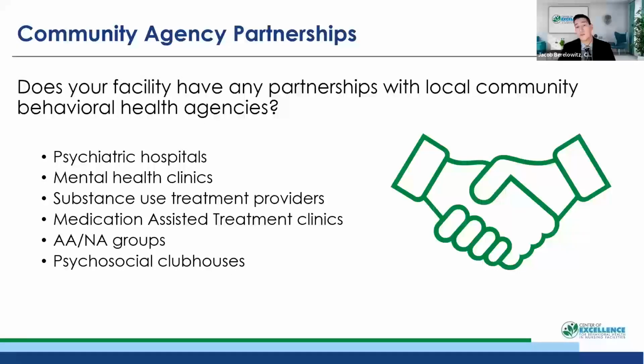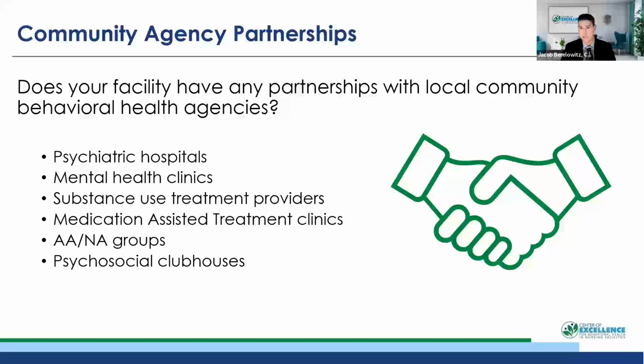What you may not be so familiar with, because it's just not your background working in a nursing home, is that on the behavioral health side, there's a very similar continuum of care. There are outpatient mental health clinics, inpatient treatment providers for mental health, inpatient treatment providers for substance use, medication-assisted treatment clinics, right?